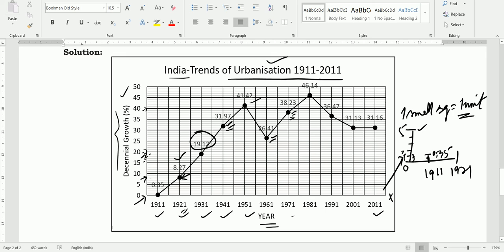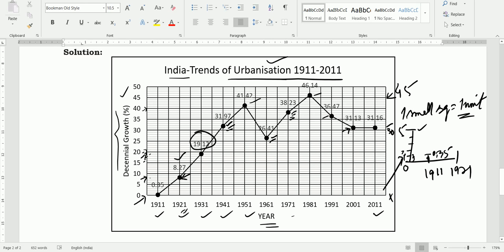And here we have 46.14; 45 is here, then 46, a little above 46. Likewise we have 36.47, and 31.13, and here 31.16, almost the same. So in this way we have to prepare the graph.